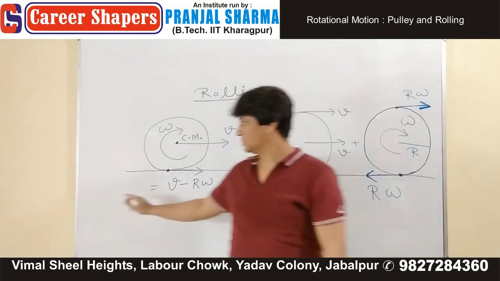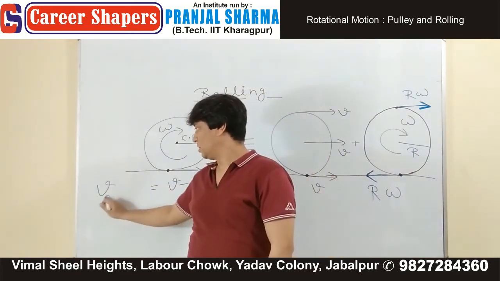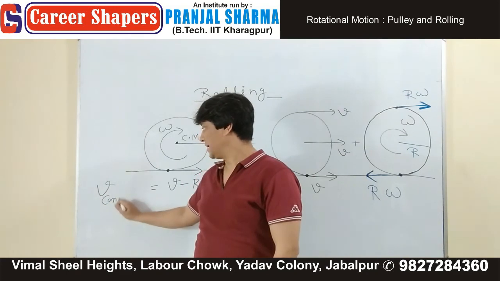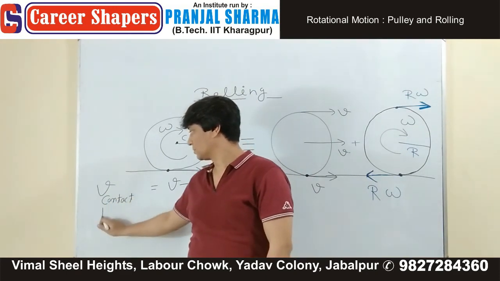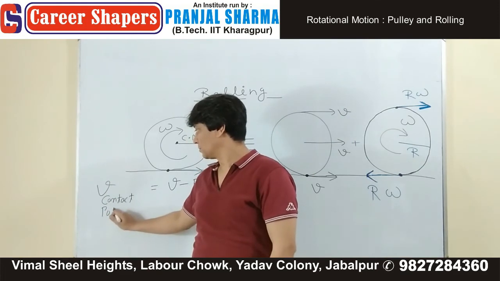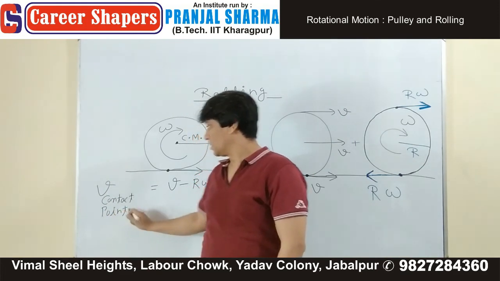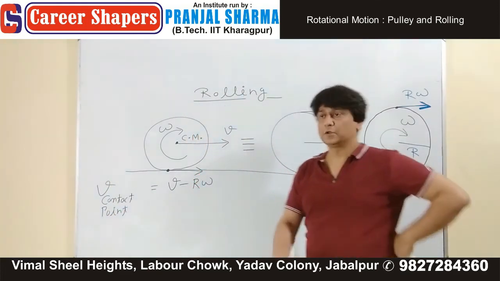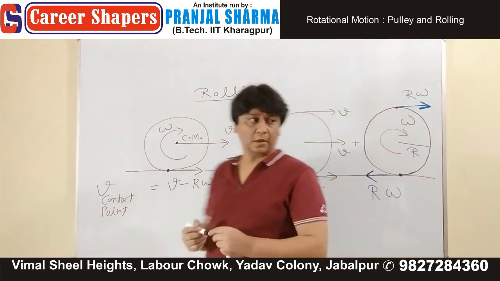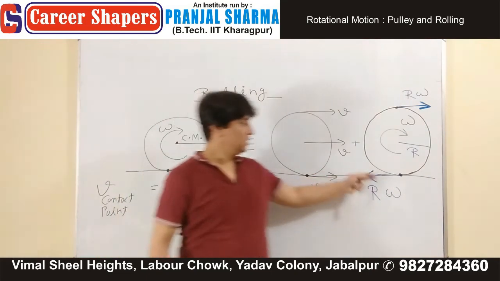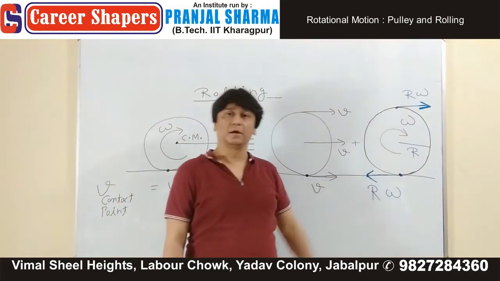This is the velocity of the contact point. Velocity of the contact point is V minus r omega.